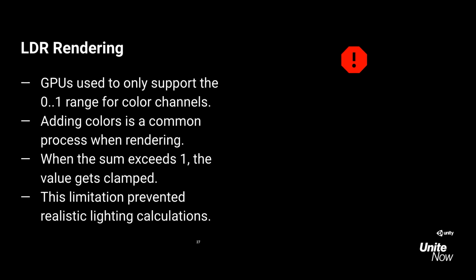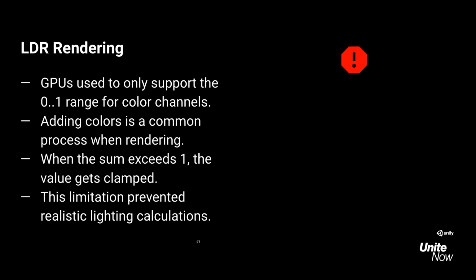So the problem is that the 0 to 1 range is exclusive. You cannot exceed the 0 to 1 range. And when you add maybe two high colors, they get clamped. So maybe when you add two colors that add up to 2 because it's super highlighting the object, it will get clamped to 1.